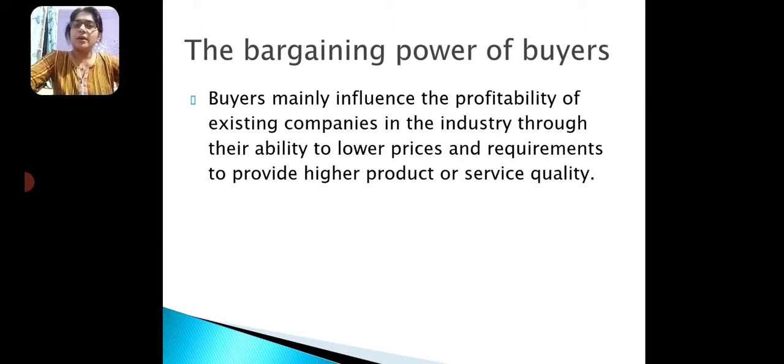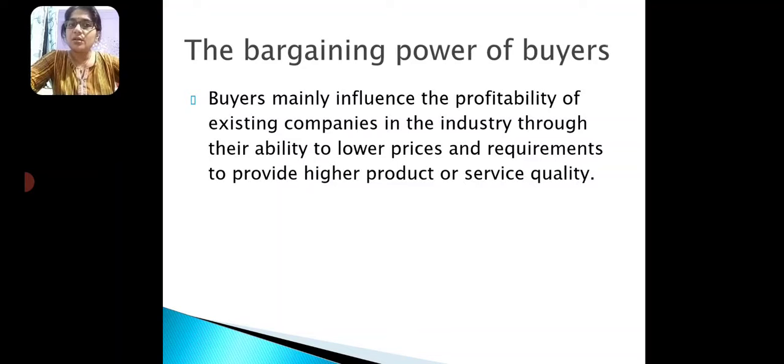Then the next one, bargaining power of buyers. Who are your customers and what is their bargaining power? If you have more customers and you are selling a mass product, then you are the king. You can fix your price whatever you want because there are so many customers, so the business has the upper hand.